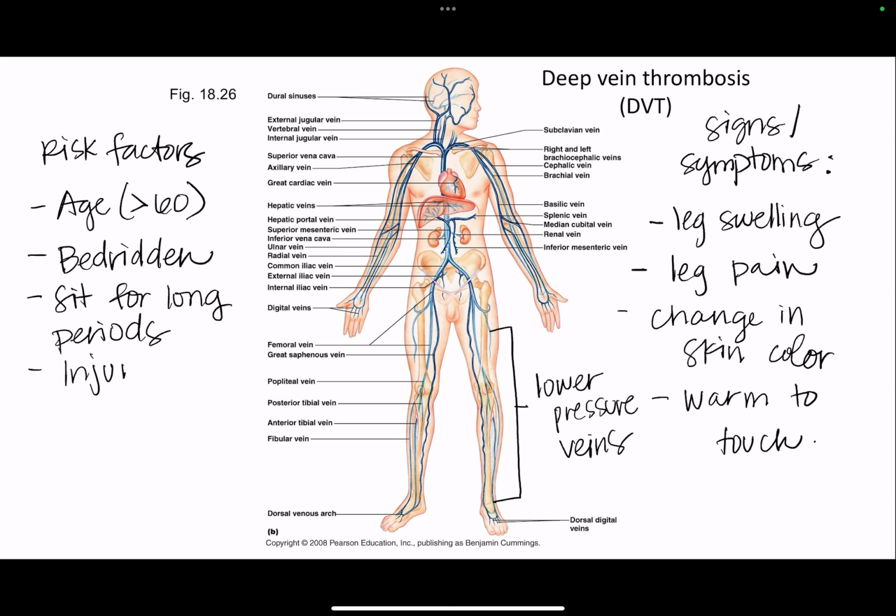Injuries to the legs can make you more likely to develop DVT. Pregnancy. Or obesity. The reason for that is if you have a large belly, you're creating more downward pressure towards your legs, and it's harder to get that blood to come up against that pressure and circulate. Smoking also. I don't know if you've seen somebody who's smoked for a very long time, but their skin looks really dry and wrinkly and dehydrated.